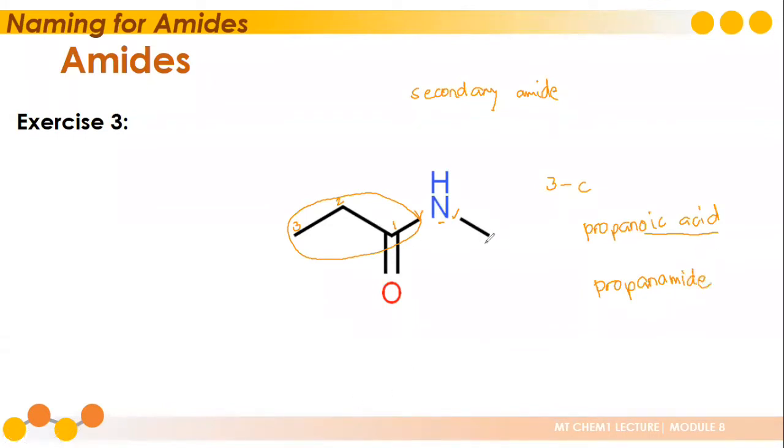And then for the other carbon group, which is a methyl, we will be putting N in front of it to indicate that it is bonded to the nitrogen. So we have N-methyl propanamide. Let's check if our answer is correct. We have named this compound N-methyl propanamide.